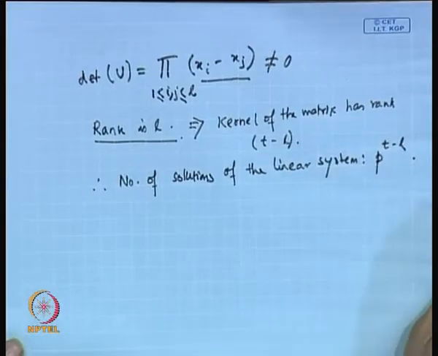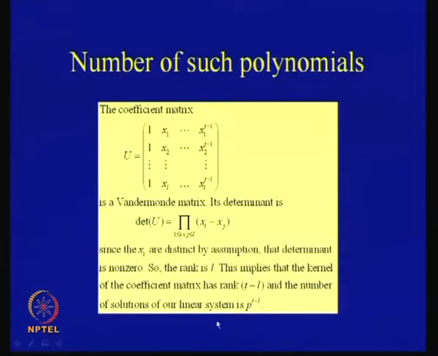Okay. So, that means that there are so many matrices, and this is a very important and interesting observation and result which is used in Shamir's secret sharing scheme.